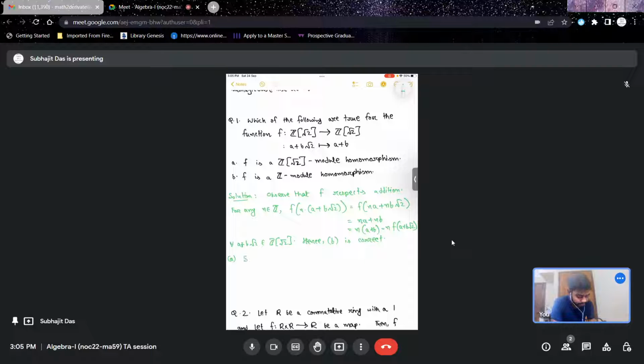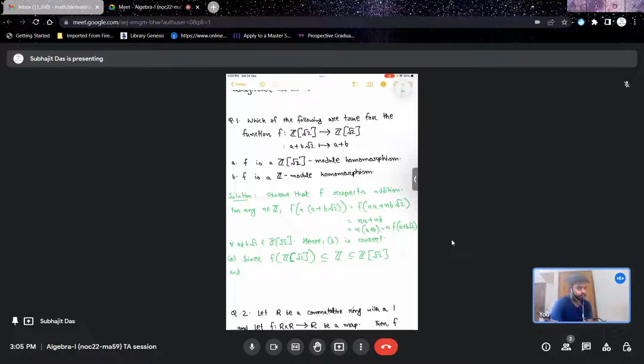But here f of Z root 2, that is the image of f, is contained in Z, which is contained in Z root 2.